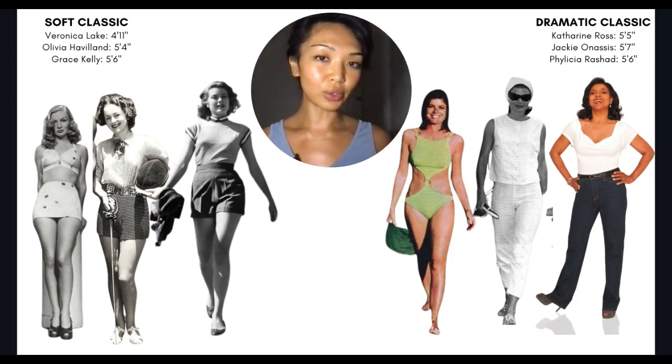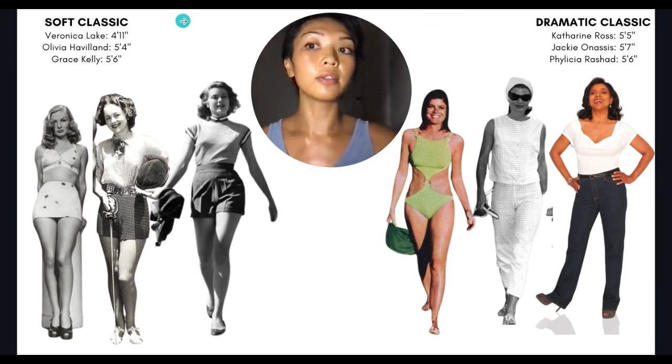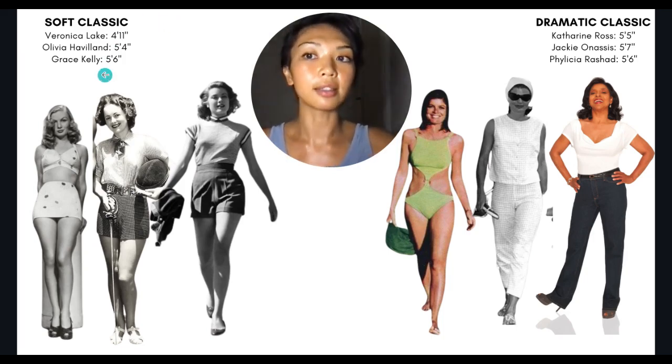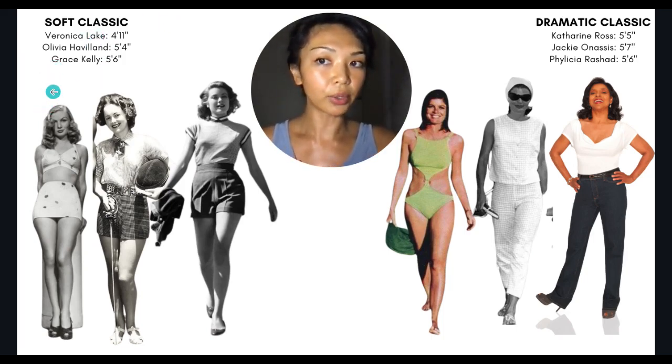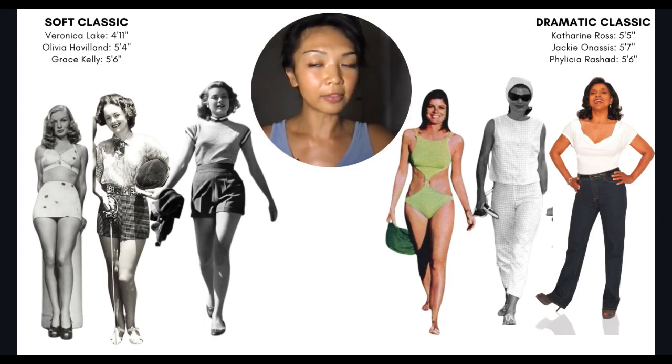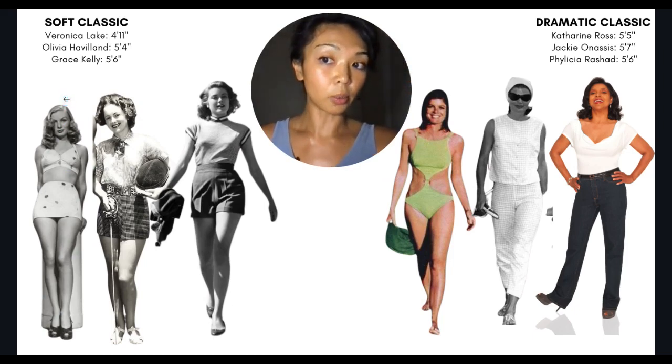Right here, I just want to show you the classics through various heights, and a good example of a lack of lower height limit is Veronica Lake, who is 4'11". I think she's a little shorter than Liz, if I'm not mistaken, but you can still see that she looks a lot more moderate in all three aspects.